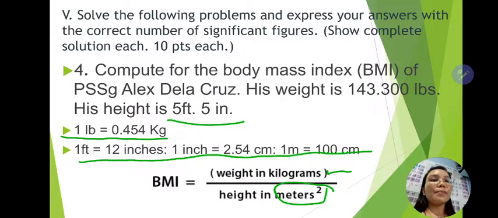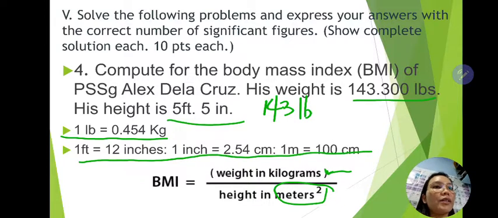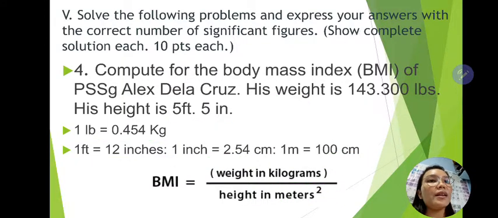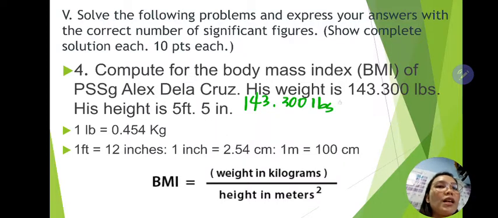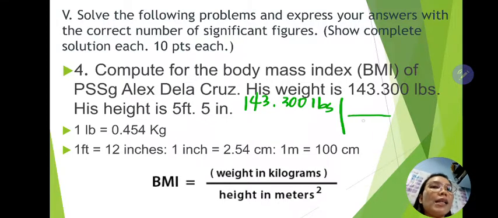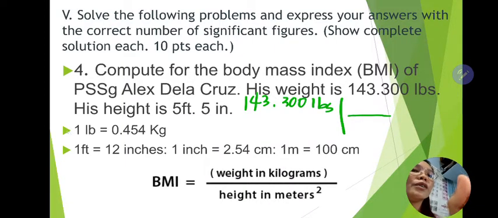So, unang gagawin natin sa pag-solve ng problem na ito is to convert the given numbers to kung ano yung gagamitin natin na units of measurement. So, from 143 pounds, convert natin siya into kilograms. So, we have our conversion factor. Madali na lang yan pag may conversion factors na alam nyo na kung saan ipa-place yung mga numbers, yung given unit.